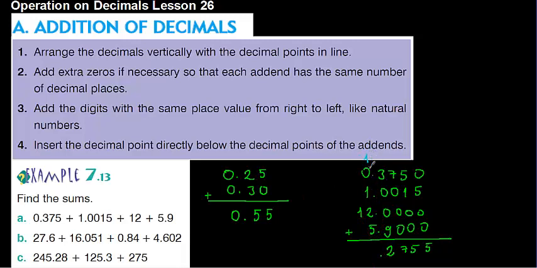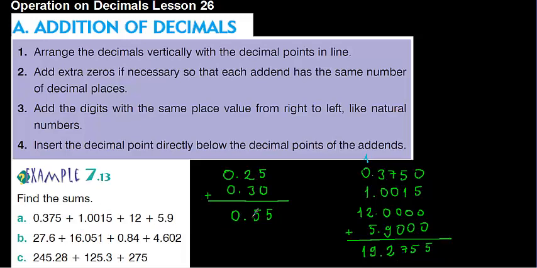So 1 plus 0 plus 1 plus 2 plus 5 is equal to 9, and this is equal to 1 again. So the answer of the question is 19.22755.